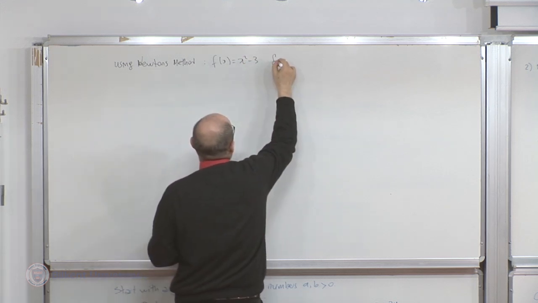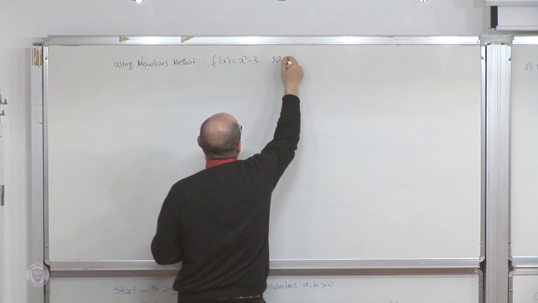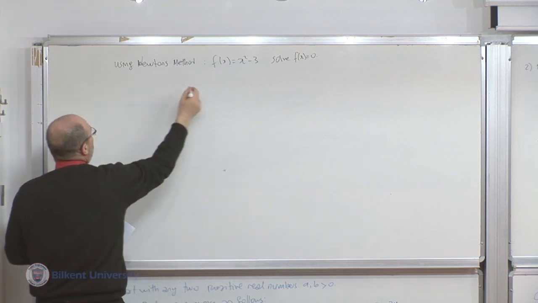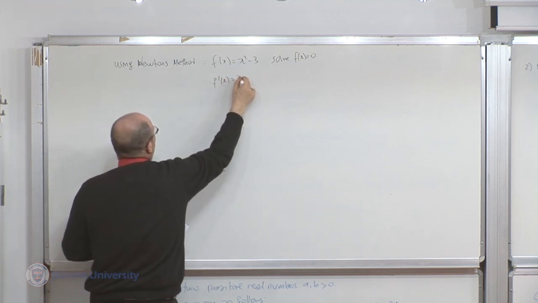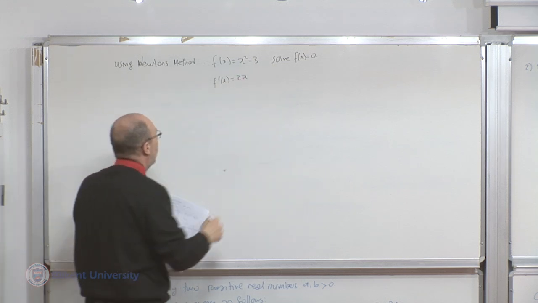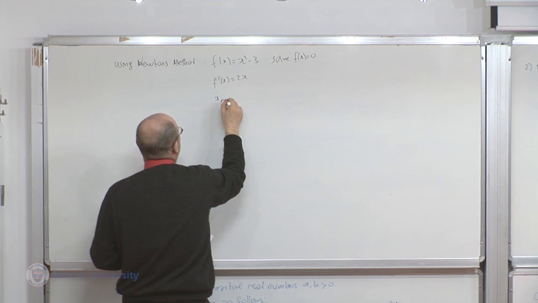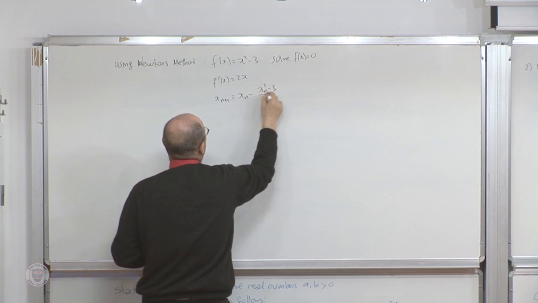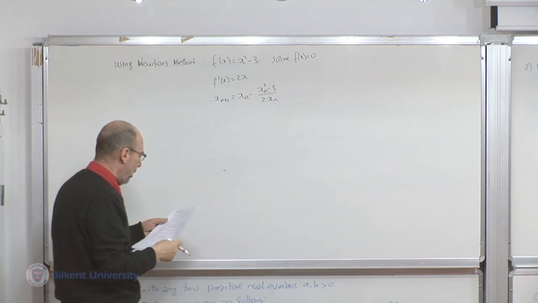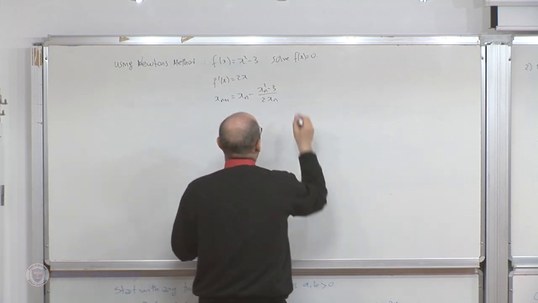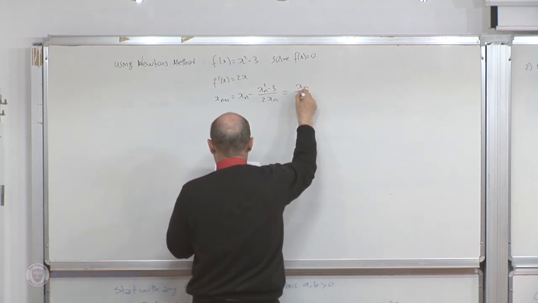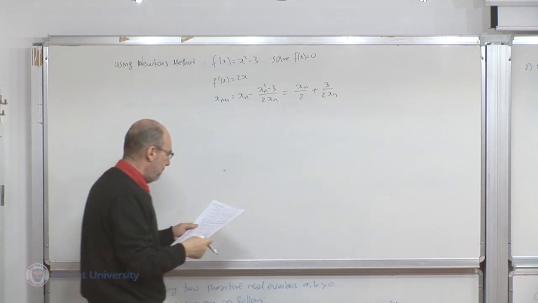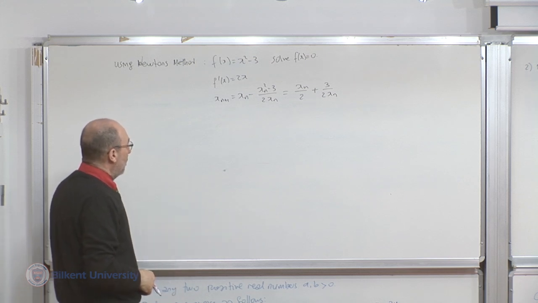Solve f of x equals 0. So here you see f prime x is equal to 2x. And x_{n+1} is equal to x_n minus (x_n squared minus 3) over 2x_n. So you simplify this and you'll obtain x_n over 2 plus 3 over 2x_n.